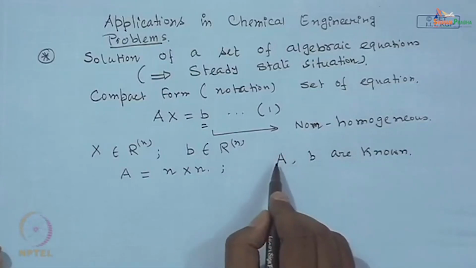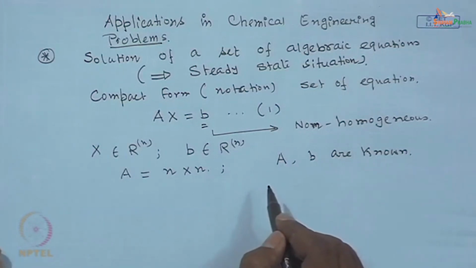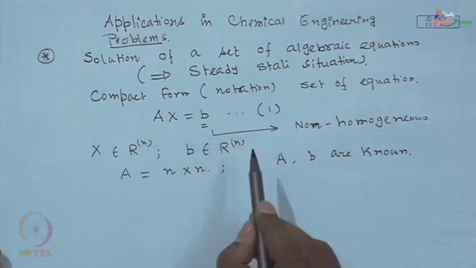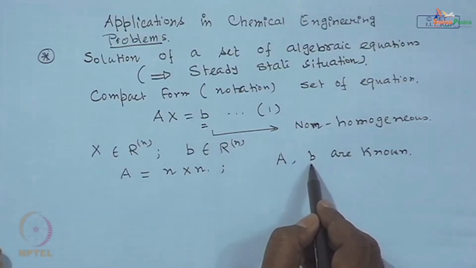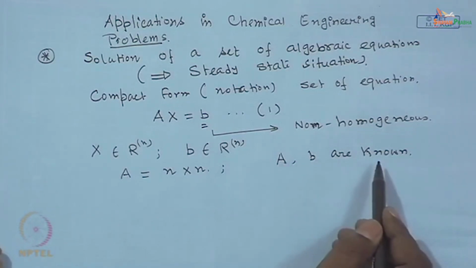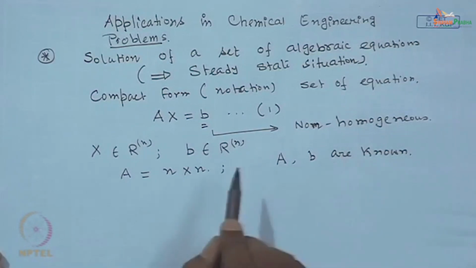Now, the various elements of the matrix A will be determined from the process, and we will be looking into a specific example of this. And similarly, from the model equations, the various elements of this vector B will be known. So, A and B are known, they are fixed by the chemical engineering process.